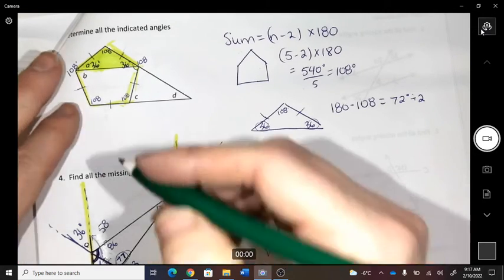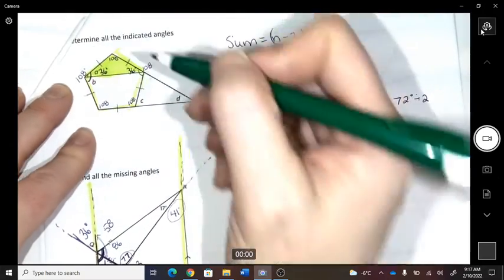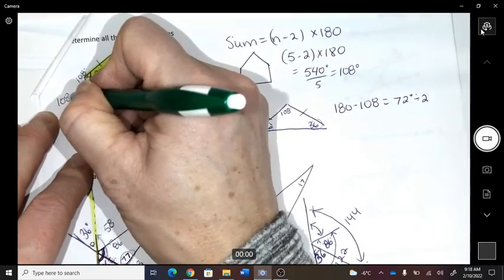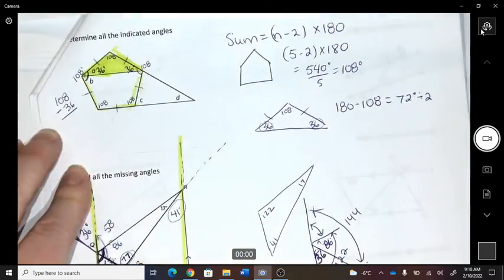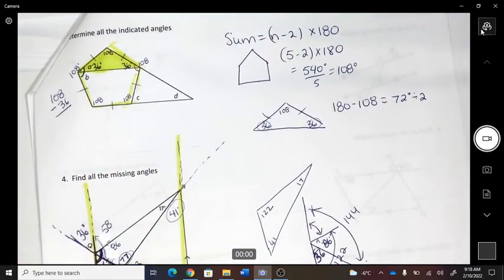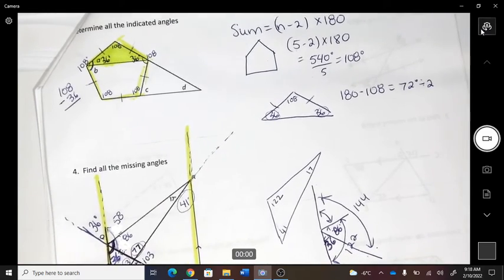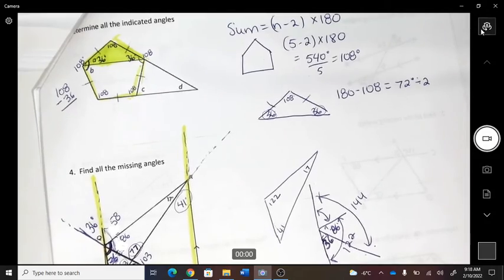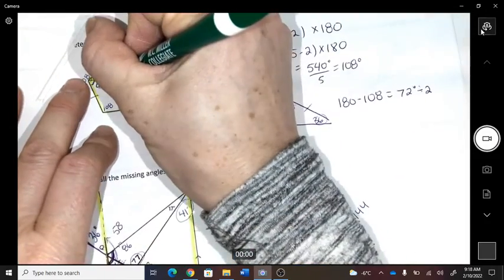So therefore, what would you do to get angle B here? You would have to think that, hey, those two angles got to make 108 together, right? The two in the corner. So that one is 72.